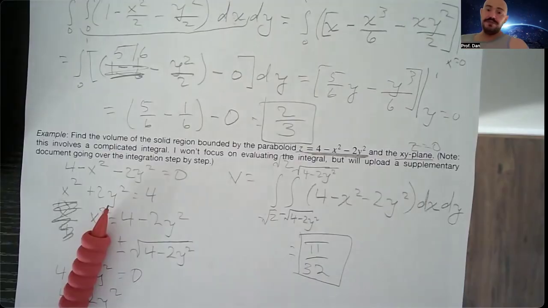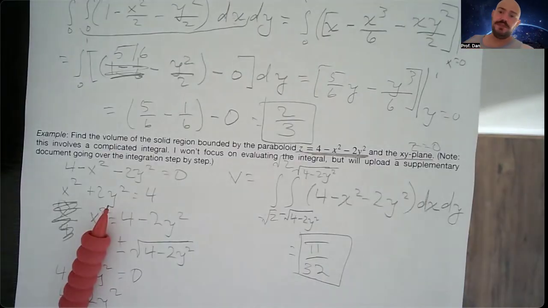You do need to be very careful that you know which differential you're dealing with, because the bounds have to correspond to that differential. If my differential is dy, the bounds are y values, and I cannot have y as either of those bounds. And remember to go inside and work your way out.